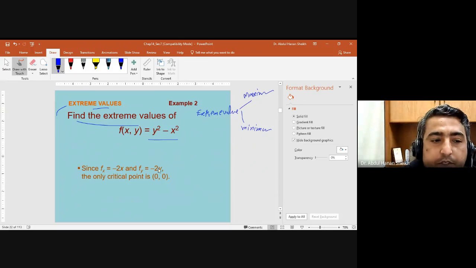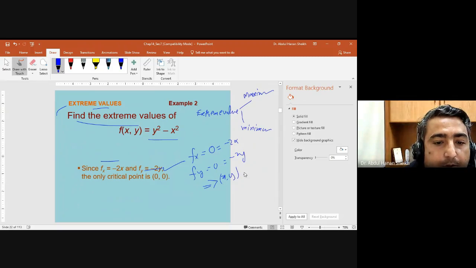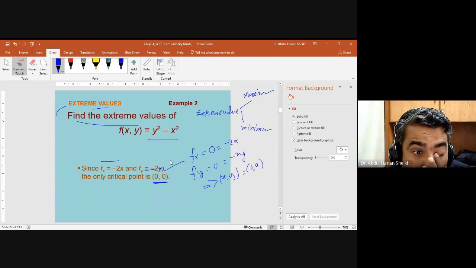So this is function f sub x is minus 2x, f sub y is minus 2y, and when you equate these to 0, minus 2x and minus 2y, both give you the point x, y with values 0. So this is the only critical point which we can have, from this discussion.